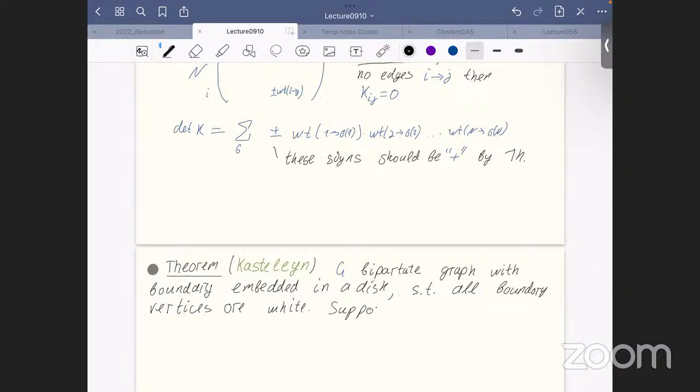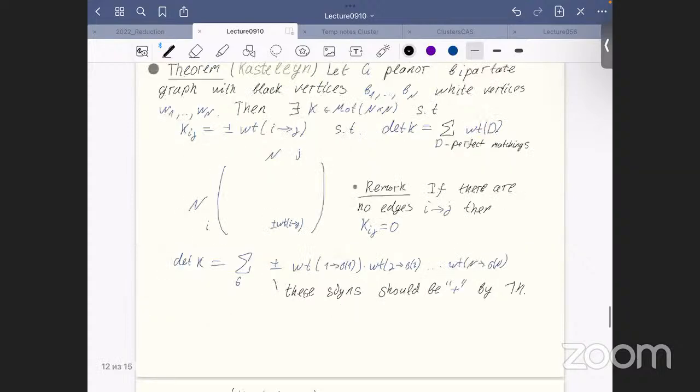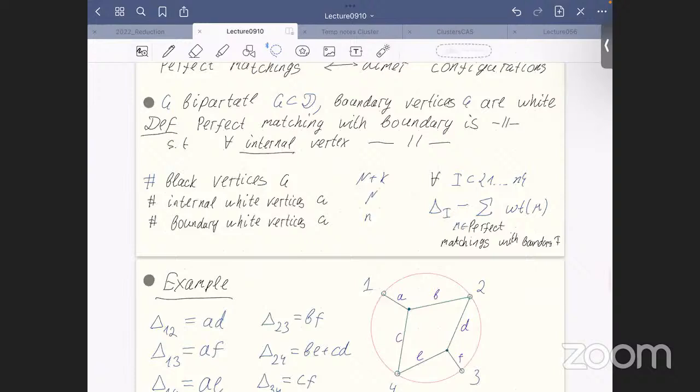Suppose we are under these conditions. So the number of black vertices in G is n plus k.